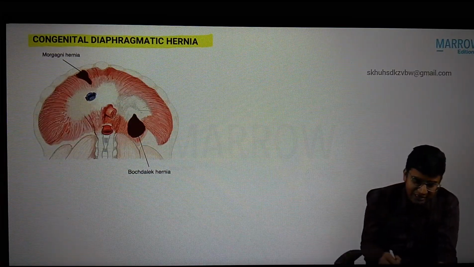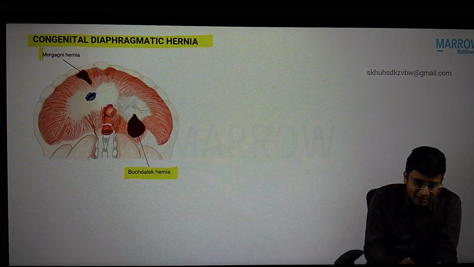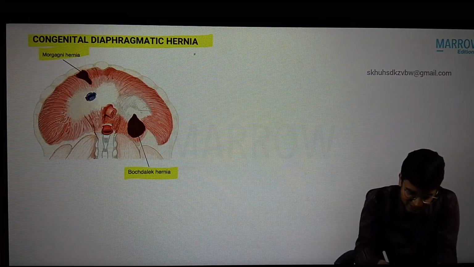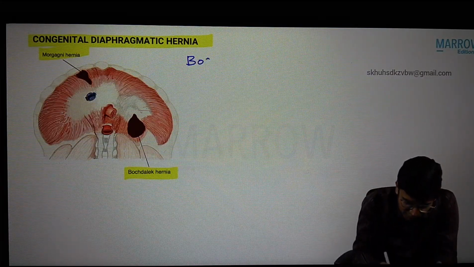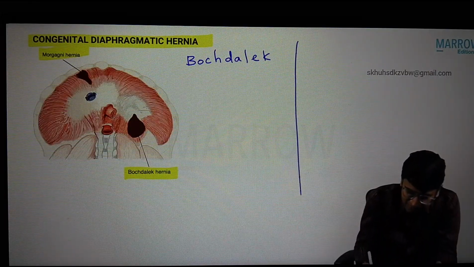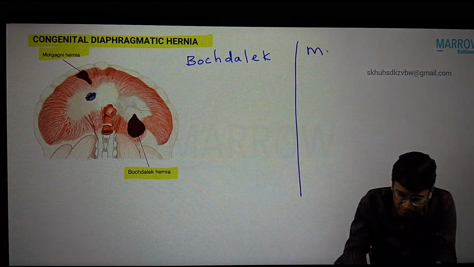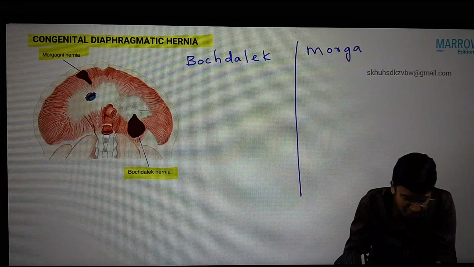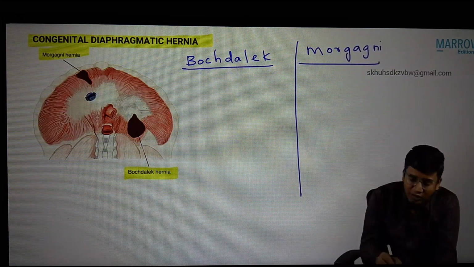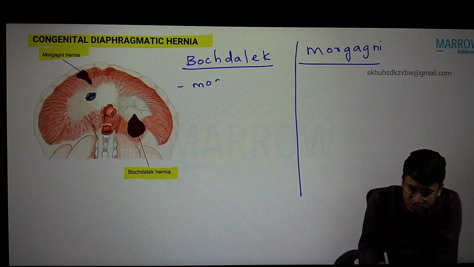Now we have two hernias: one is Bochdalek, another one is Morgagni. We're going to know the difference between these two hernias. Bochdalek hernia is the most common congenital diaphragmatic hernia.